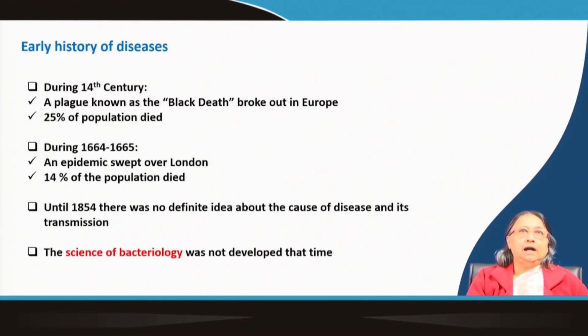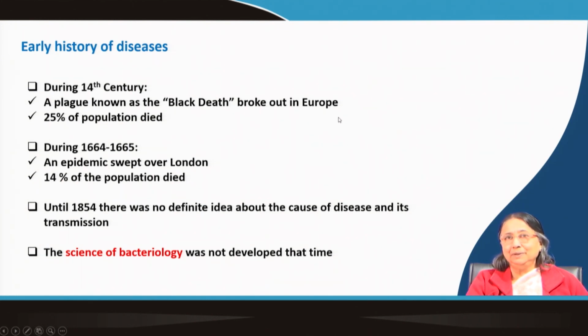Now, the early history. It did not come in one day; it took hundreds and hundreds of years. So, what is the history? You will see that this coronavirus has come worldwide in a very huge way, but this type of thing also happened earlier. For example, during the 14th century, a plague known as the Black Death broke out in Europe.